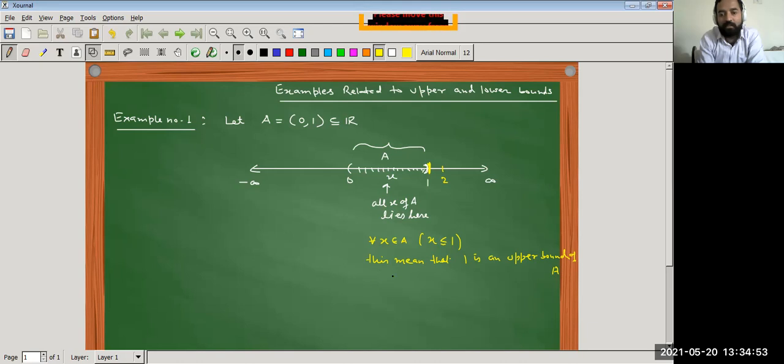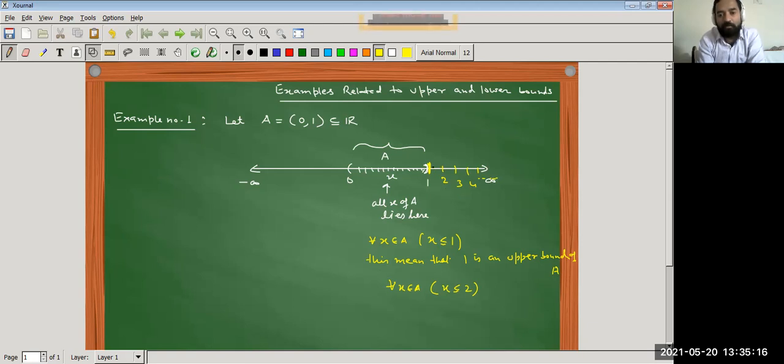Yes, we can say 2 is also an upper bound because for all x belongs to A, x is less than or equal to 2. Can we say 3, 4? What can we say about 3, 4, 5 and so on? All are upper bounds.